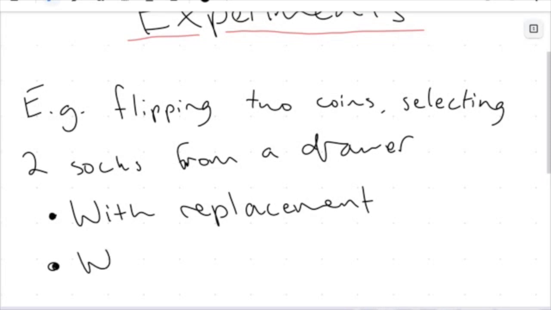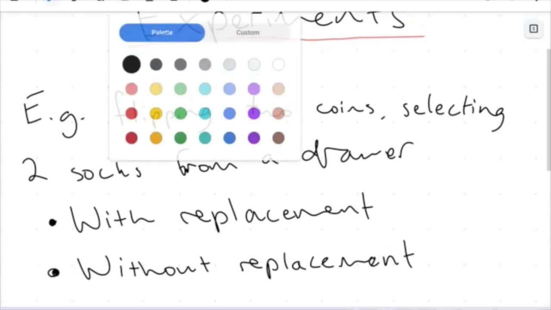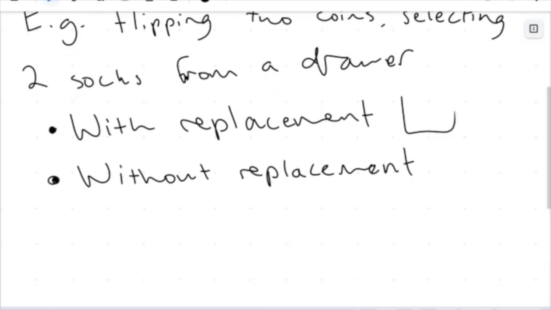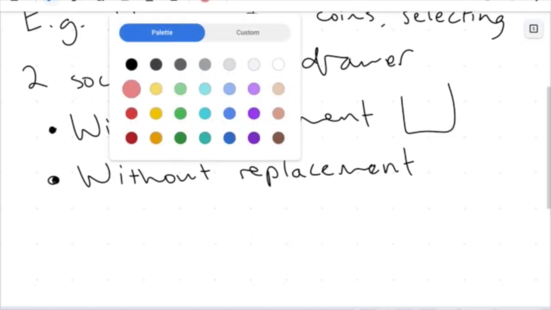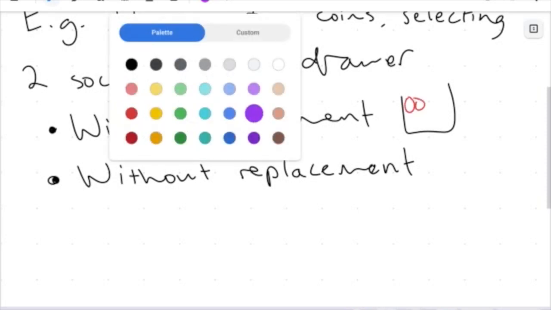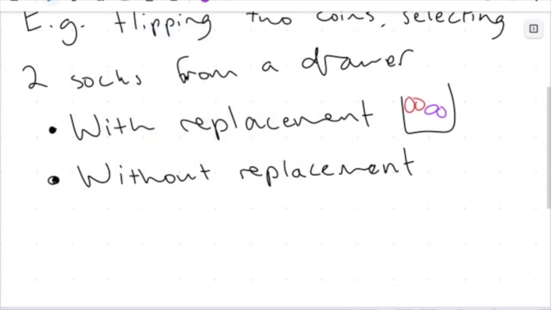And the other is without replacement. So, let me actually draw this in because it may help with visualizing this. So if we had, for example, a bag of balls, so I have two red colored ones and I have two purple, one green.